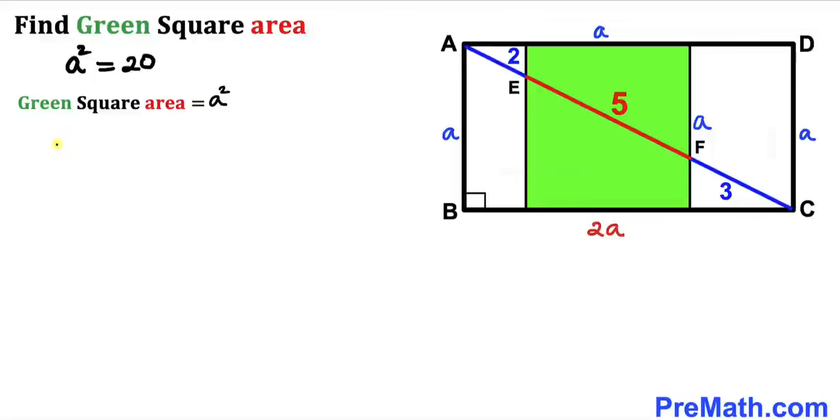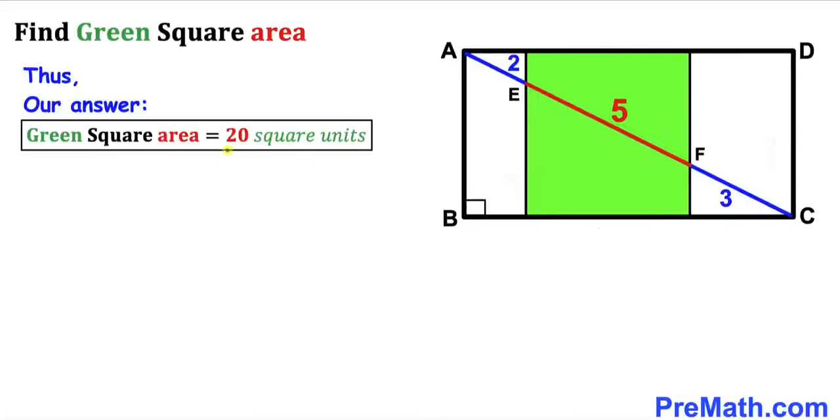Therefore, we conclude that the area of this green shaded square is 20 square units. And that's our final answer.